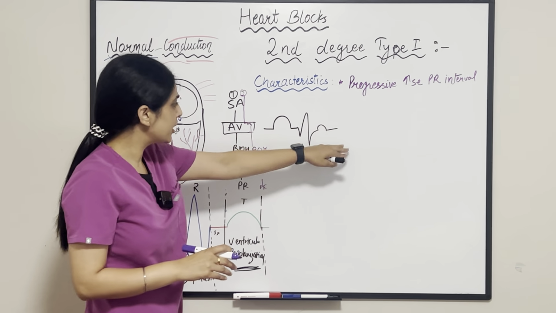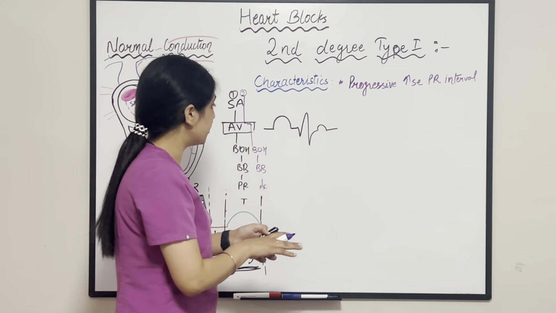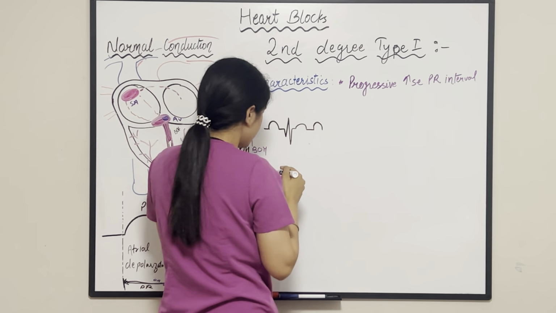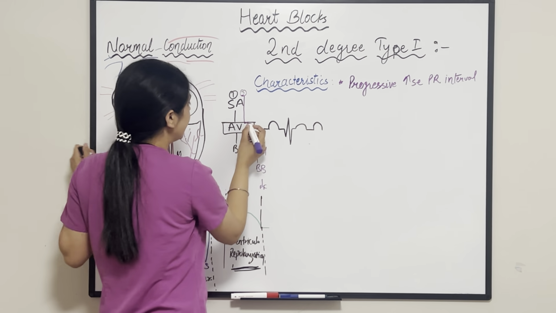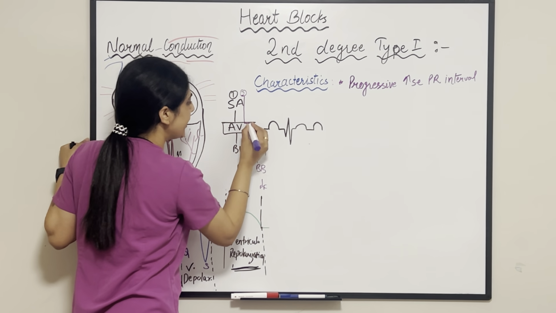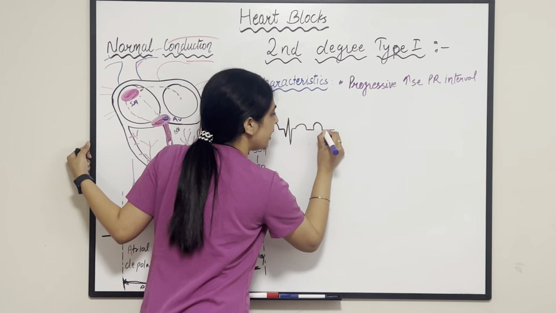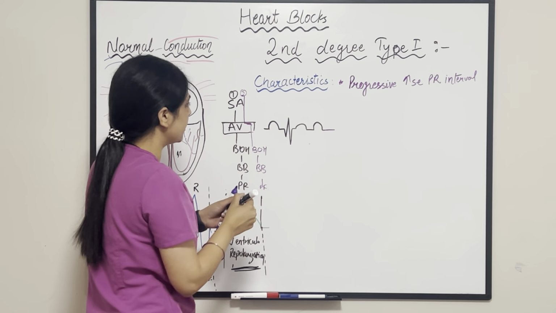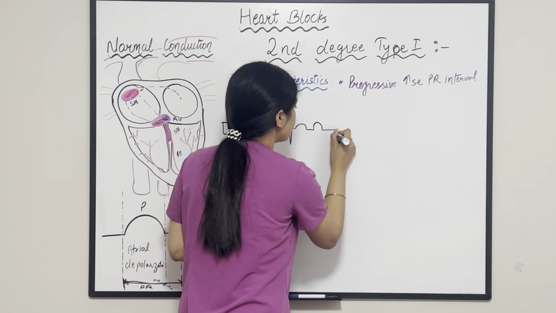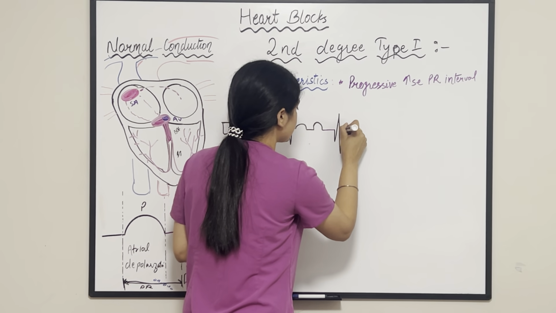So there is an increase in the PR interval. Here P is normal, but because there is a delay at the AV junction, it takes more time to reach the ventricles. So the PR interval increases.